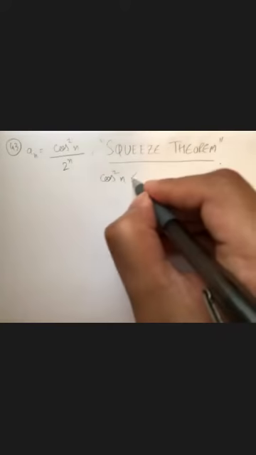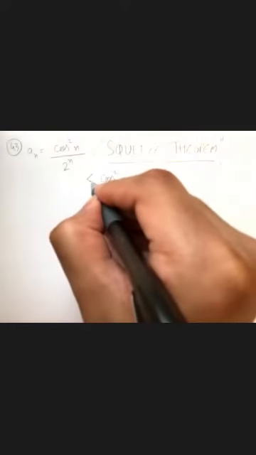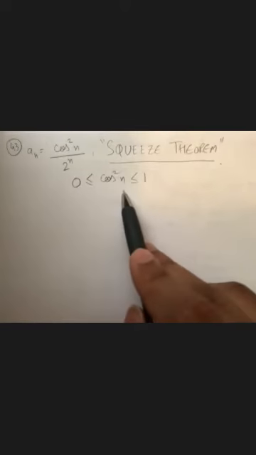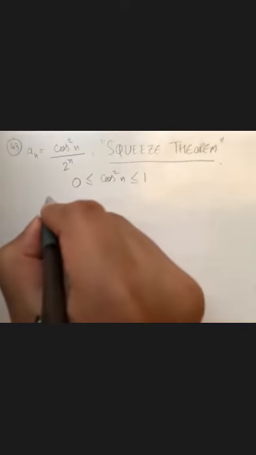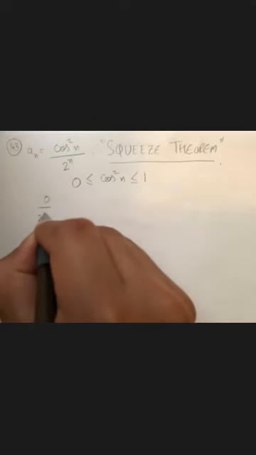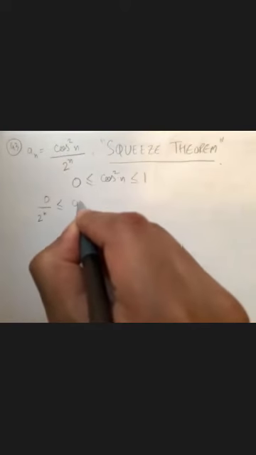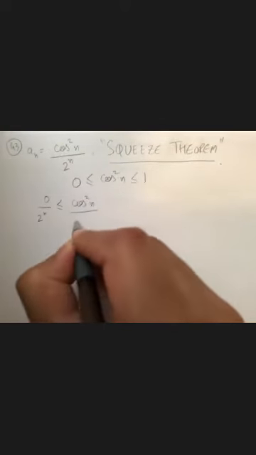Cos square is bounded by 1 from above, and it's always greater than 0. Because of the square, you have 0 to 1. If it was just cos, then you will have negative 1 to 1. Okay, then what does it mean? You can have 0, and divide everything by 2 to the n.